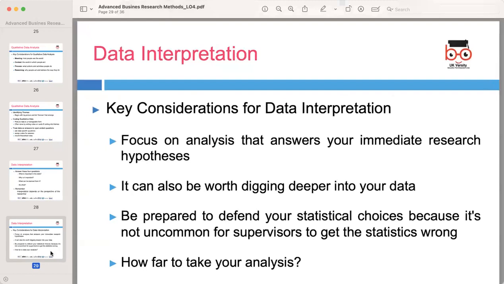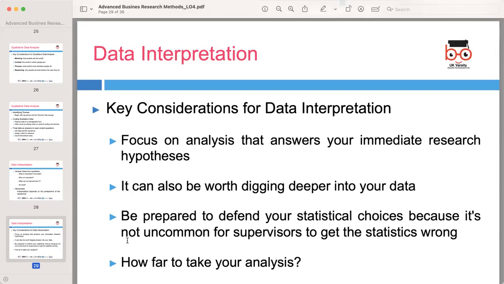Considerations for data interpretation. Data interpretation plays an important role in research and analysis, helping us draw meaningful insights from collected data.